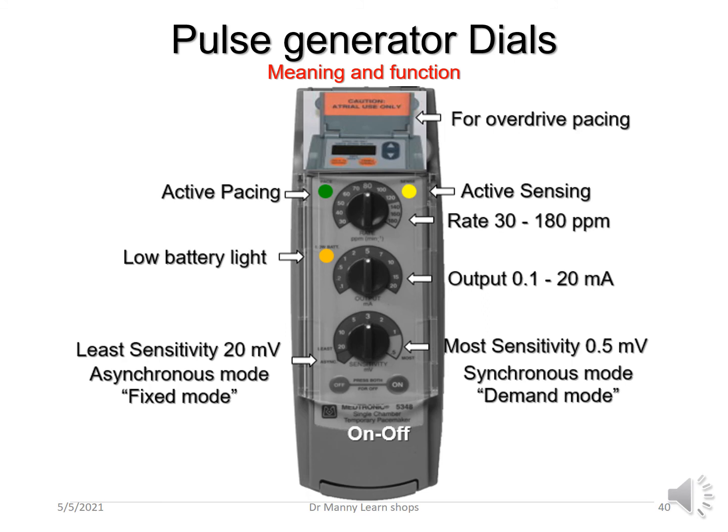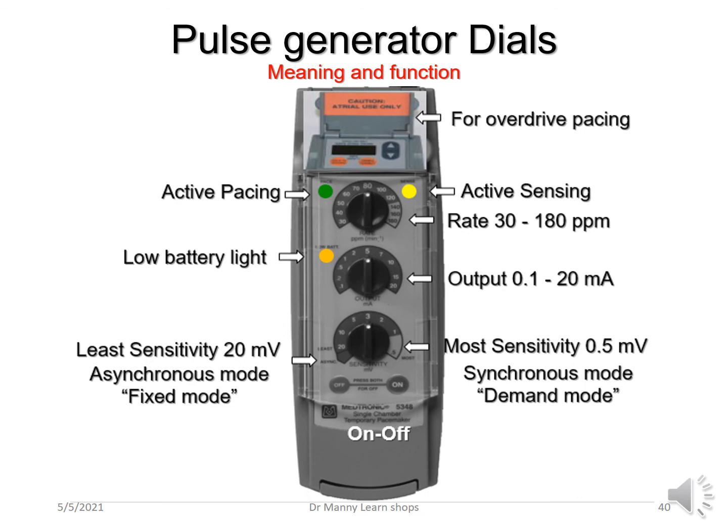So the sensitivity can be very sensitive, which is referred to as most sensitive, at 0.5 millivolts. And take note, the lower the figure with the sensitivity dial, the more sensitive the pacemaker is to the patient's inherent myopotentials or heartbeat.